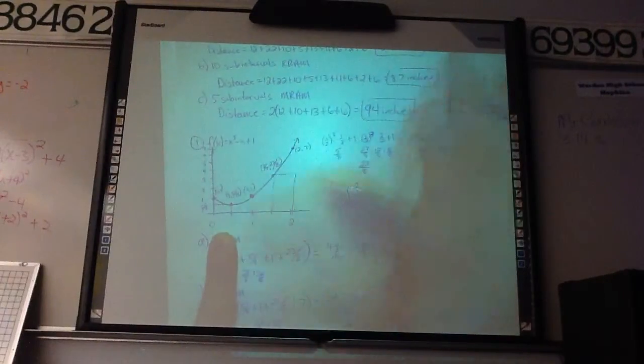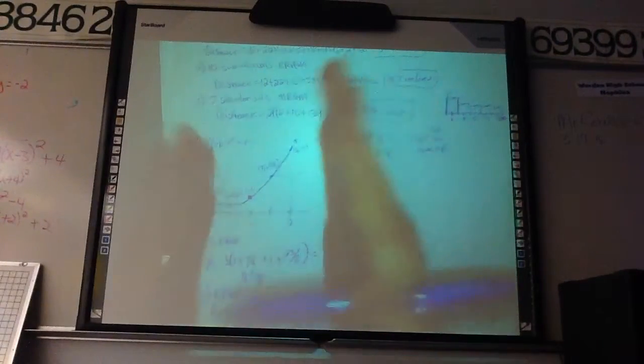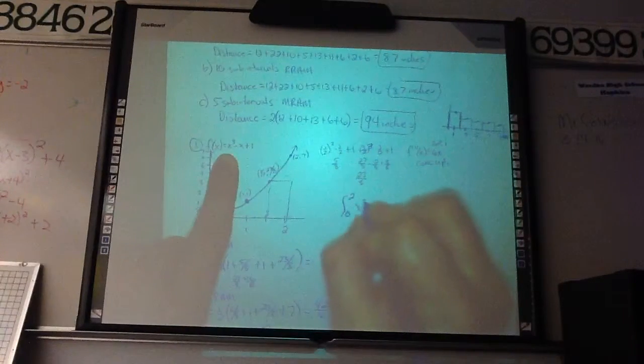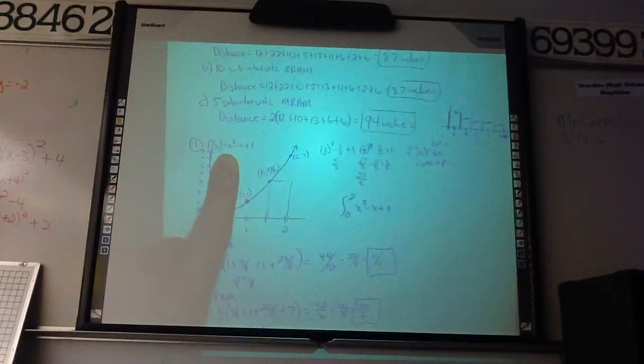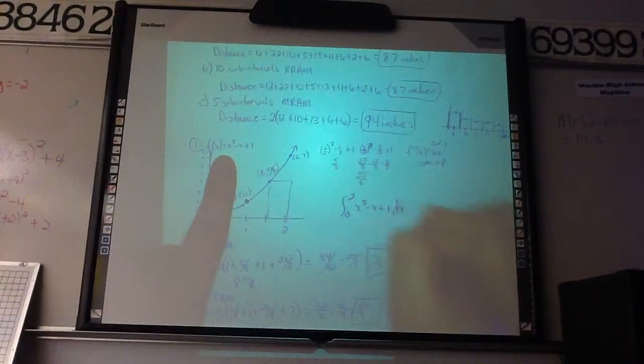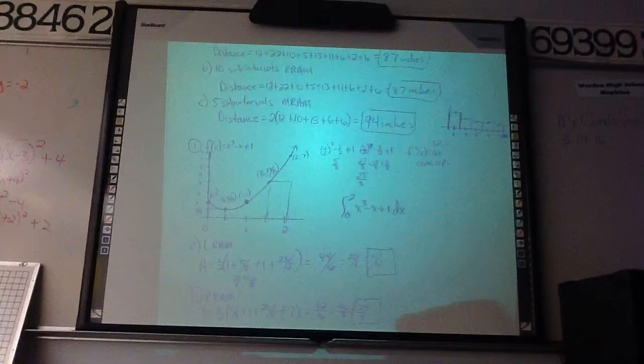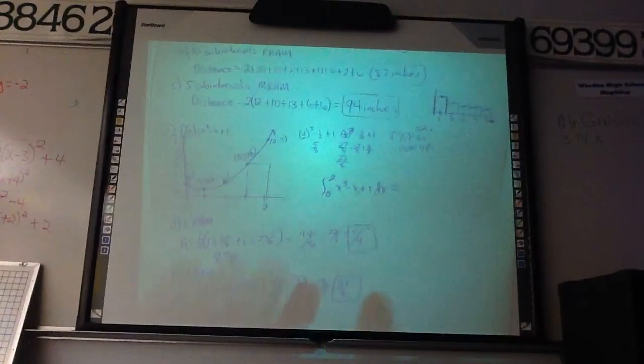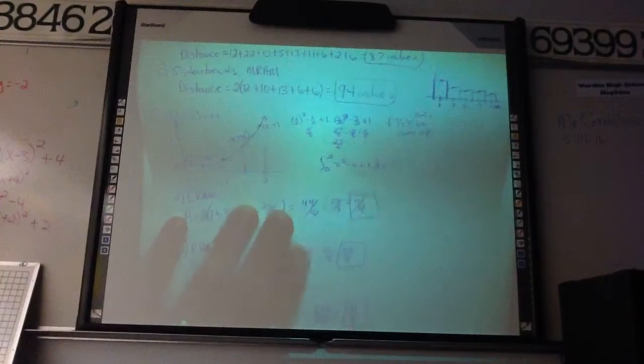The function keeps going, but we didn't. We just wanted the area under that piece. And then you would put your function, x to the third minus x plus 1, and then you'd put dx. And that equals, depending on how you do it, it could be 11/4, 23/4, or 31/8.